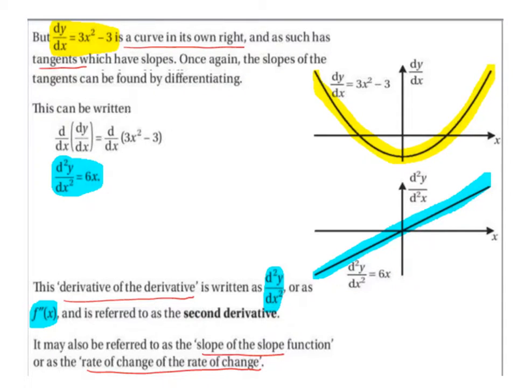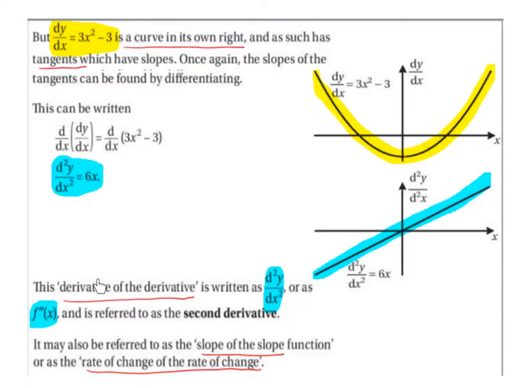This can be written dy/dx equals d(3x squared minus 3)/dx, which equals d squared y/dx squared, which equals 6x. So basically, if we differentiate 3x squared minus 3, we get 6x. So the derivative of this curve, this U-shaped graph, is a straight line. And it is 6x.